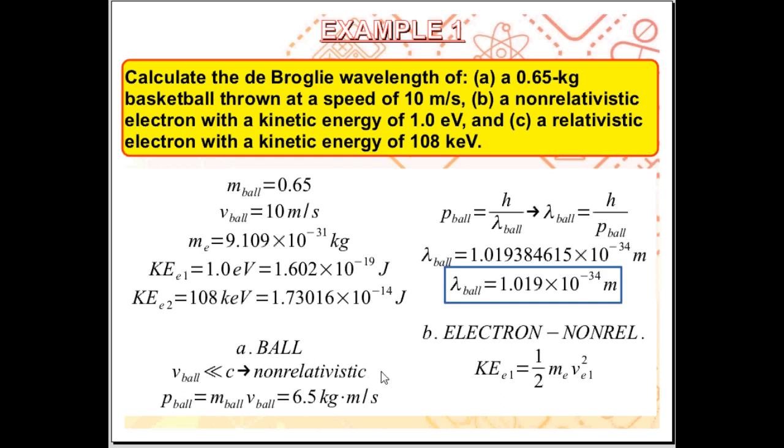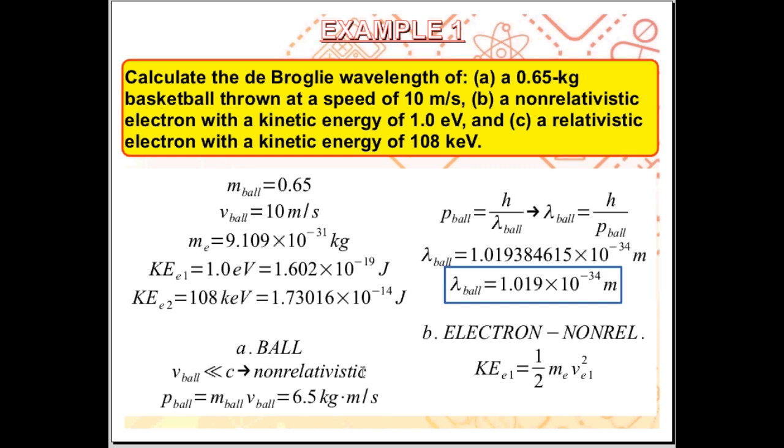In the non-relativistic case, you go back to classical physics. Momentum of an object in classical physics is simply given by p equals mv. So momentum of the ball is equal to mass of the ball times speed of the ball. That will give us 6.5 kilogram meters per second, so 0.65 times 10.